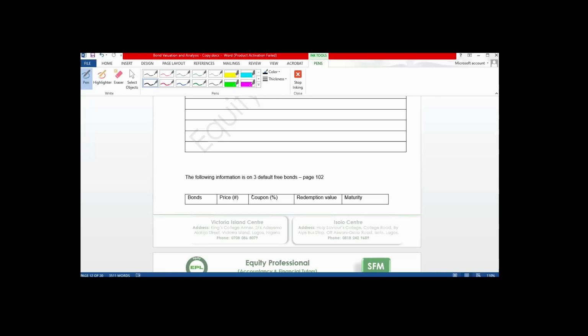Obviously, when you round up a figure, that will affect your answer.